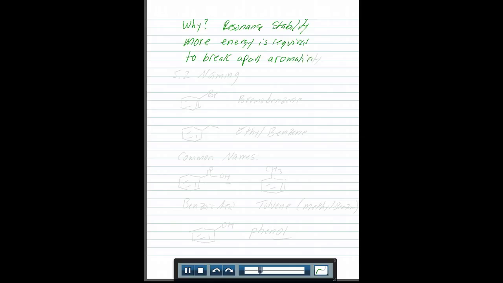So much energy is required to break up that aromatic compound that these typical reactions can't do it. They just can't do it. So there's only a handful of reactions that we can do that we're going to learn in this chapter that are very specific and very special for aromatic compounds.